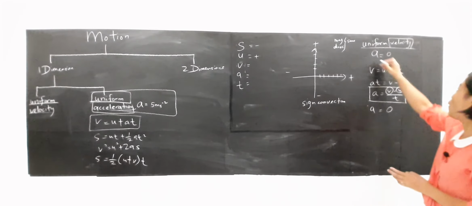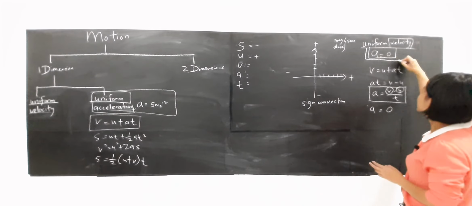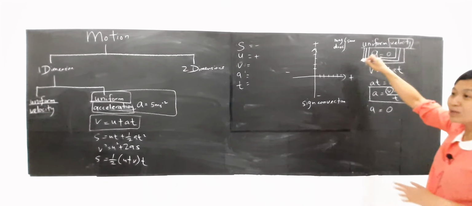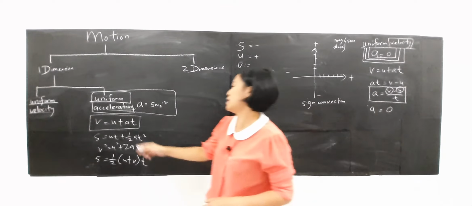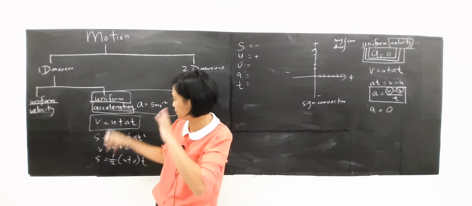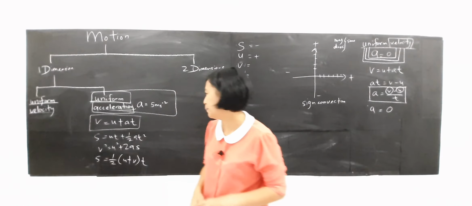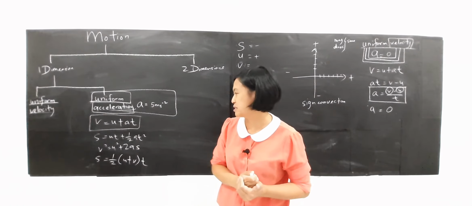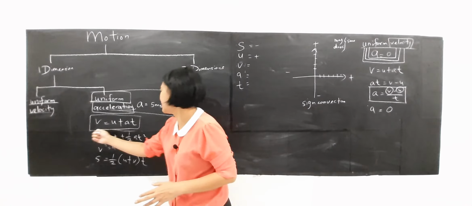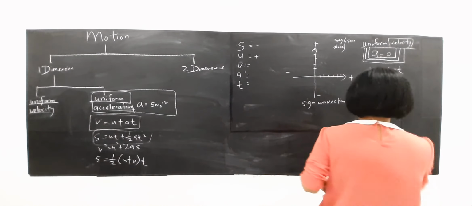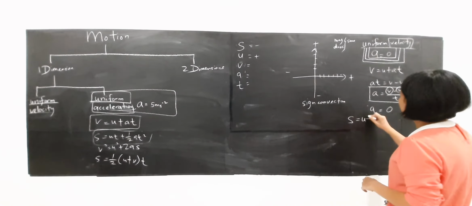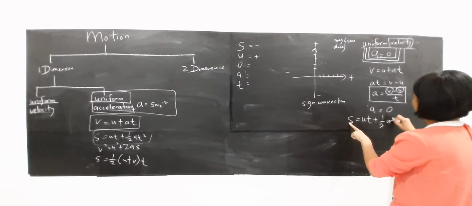So this key point is important. When you solve questions regarding uniform velocity, for example, they ask you to find displacement.